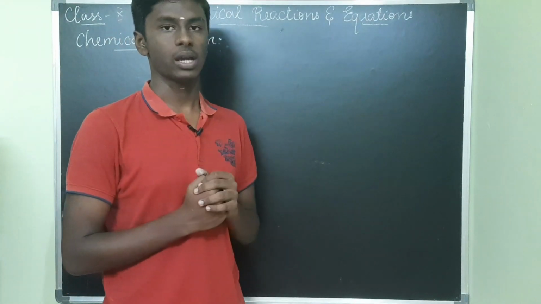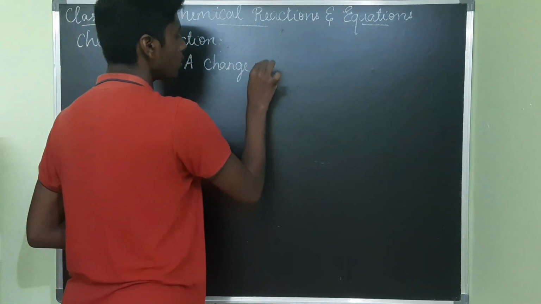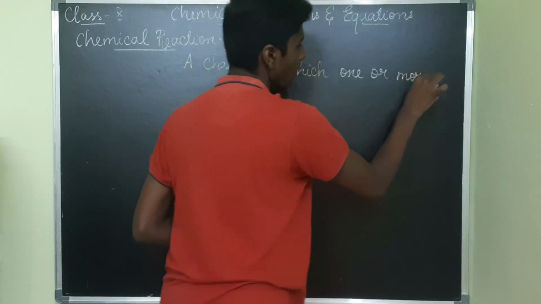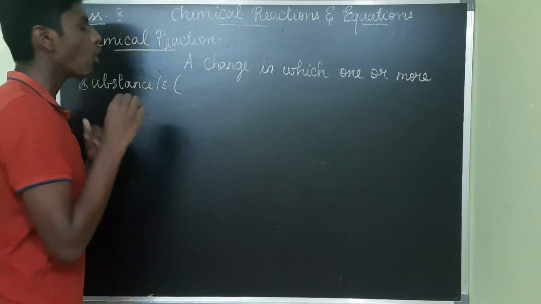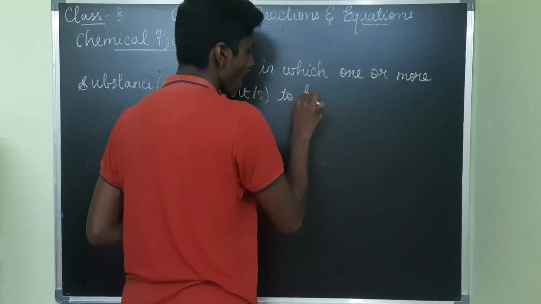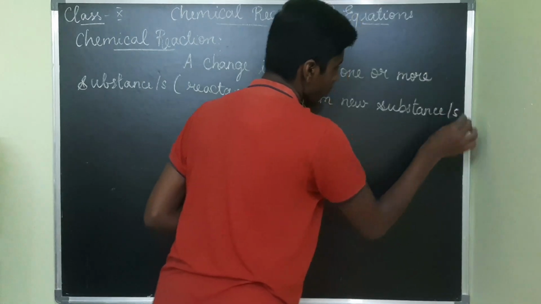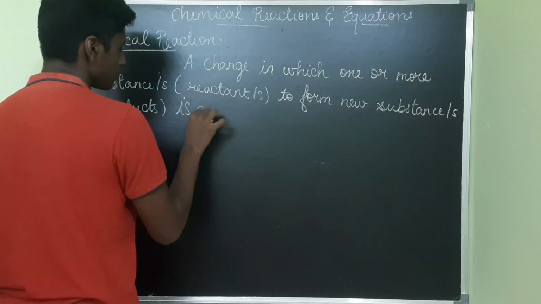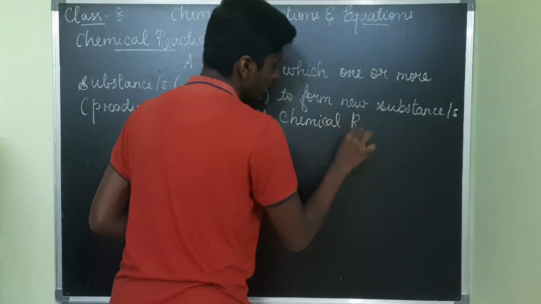So now let's talk about chemical reaction. A chemical reaction definition goes like this: a change in which one or more substances, that you simply call reactants, form new substances, that you call products, is called a chemical reaction.